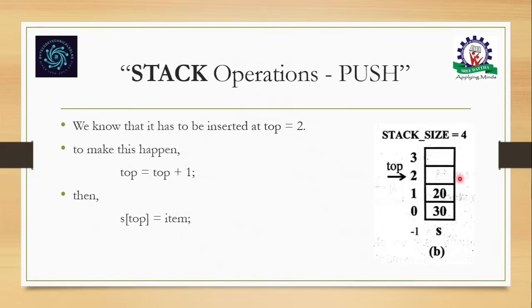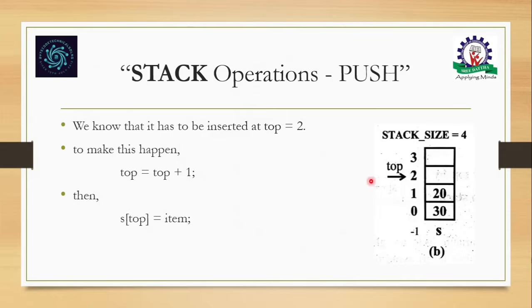To make this happen, I will increment the top using the statement top is equal to top plus 1. The current value of the top is 1, so 1 plus 1 will be 2.